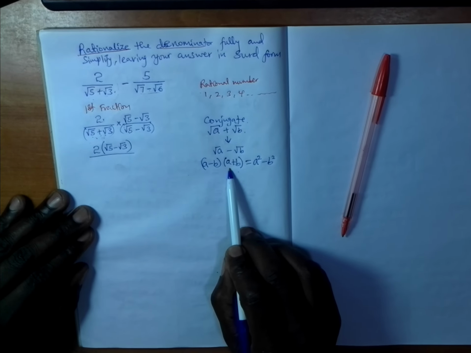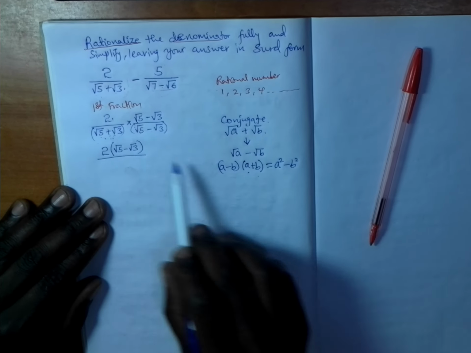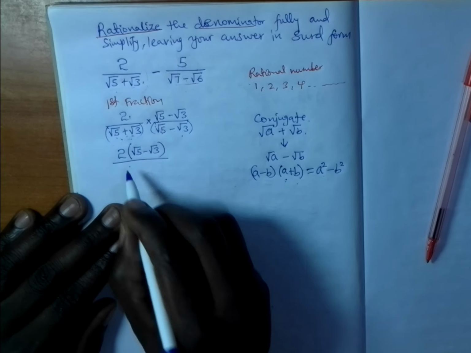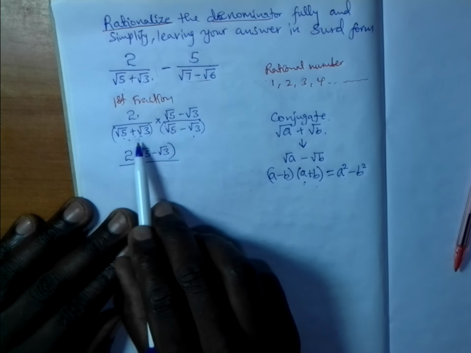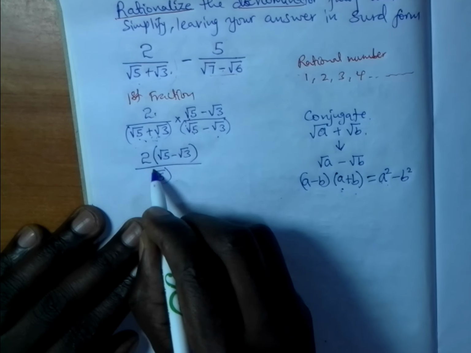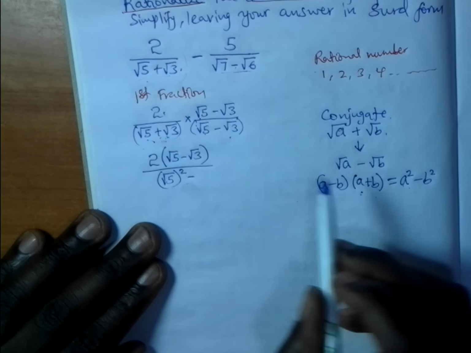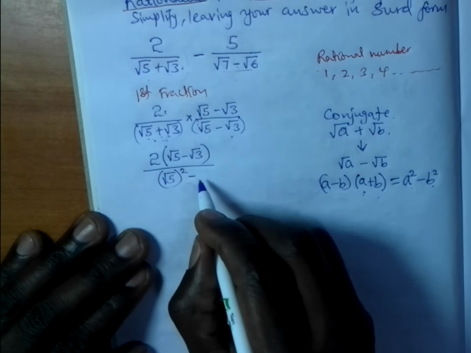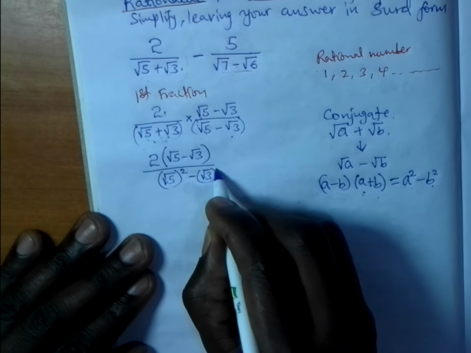We use this quadratic identity, and therefore if it is expanded, in our case a will be represented by root 5, which is root 5 squared, minus b will be represented by root 3, so root 3 squared.